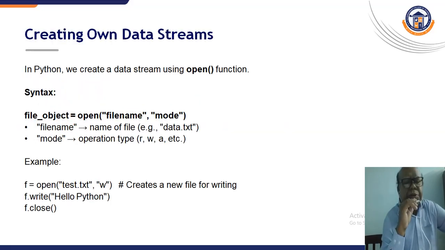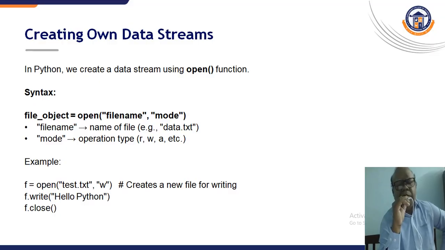Creating our own data streams. In Python, we create a data stream using the open function. Syntax: file object equal to open(file name, mode). The file name is the name of the file, for example data.txt, which should contain some text values. And the mode: you are opening the file in read mode, write mode or append mode.